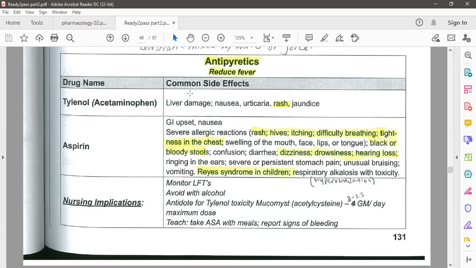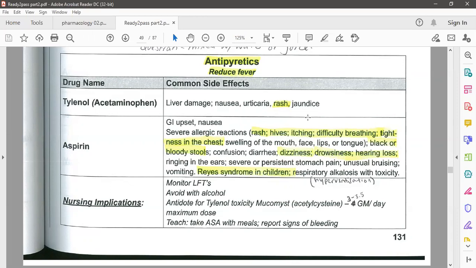It's okay. But if you take 8 tablets per 24 hours, this is hepatotoxic. They also cause the side effects nausea, skin rash, or jaundice. The key point we have to know: do not exceed 4 grams per day.